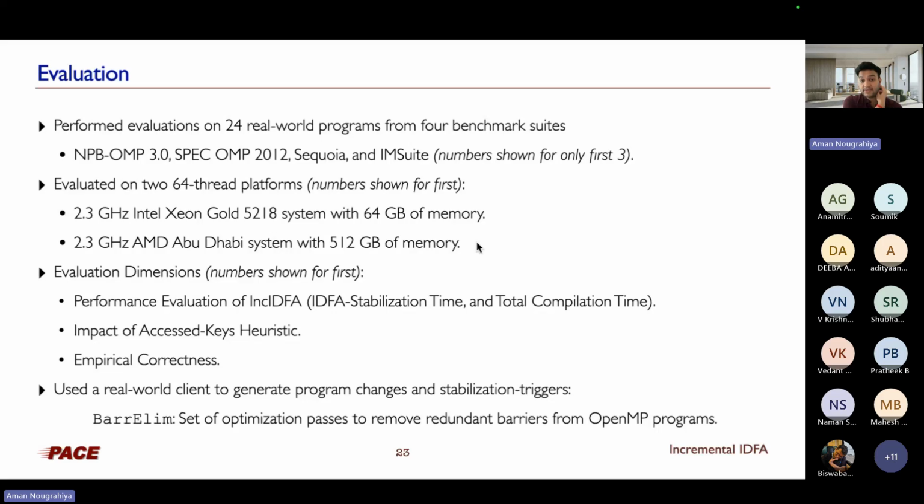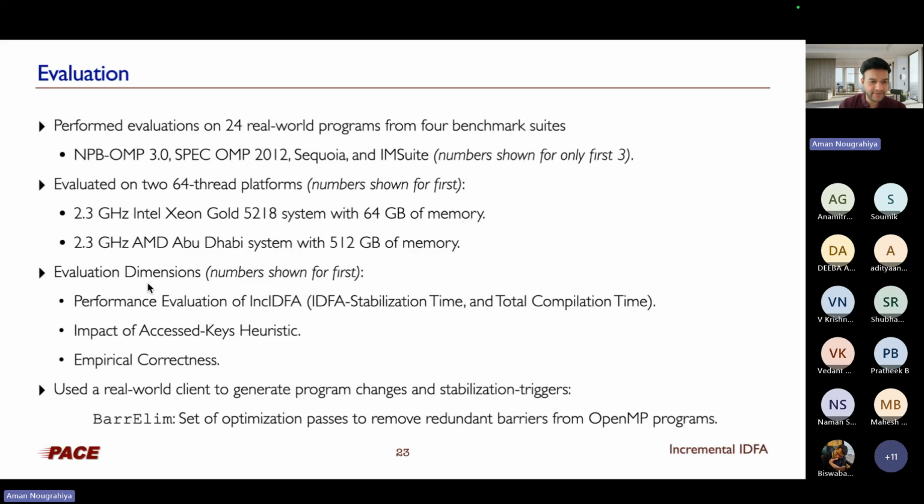And the way this will impact the overall compilation time or memory consumption can differ drastically across different JVMs. So to get a bigger picture of the final end-to-end impact of our technique, we performed evaluation on two different architectures.